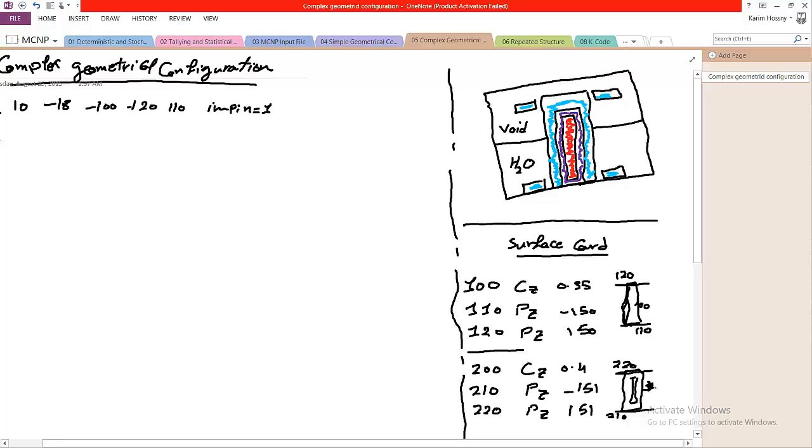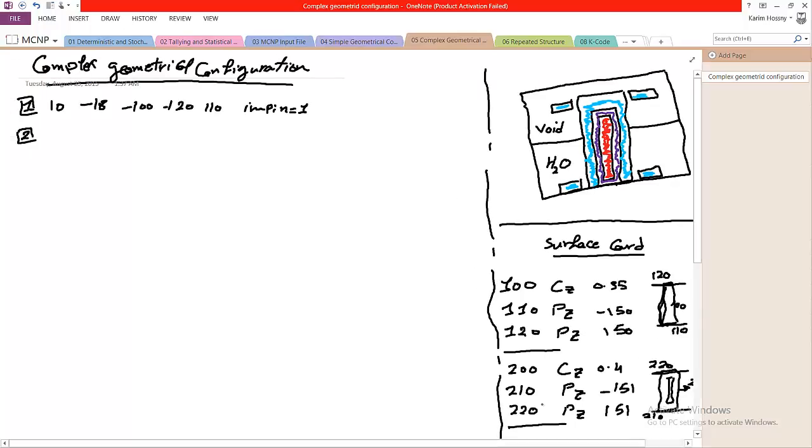Then after that, let's specify its cell card, which will be, let's give it the material number 11, negative 0.0045, since it's helium, so it has low density.